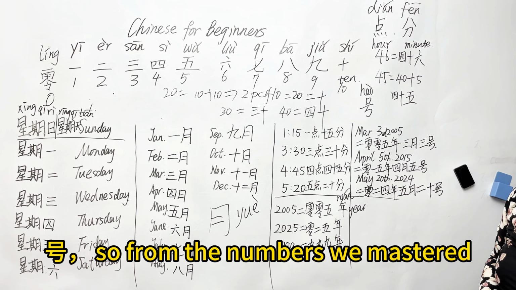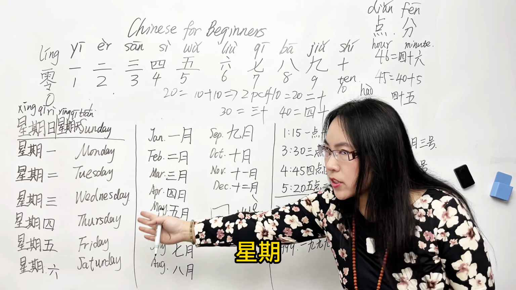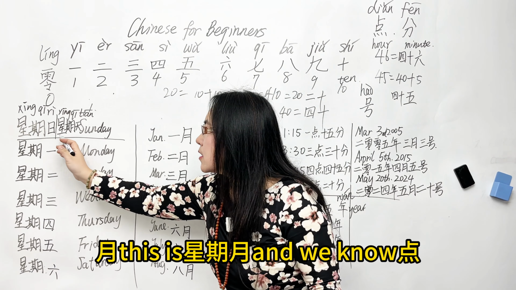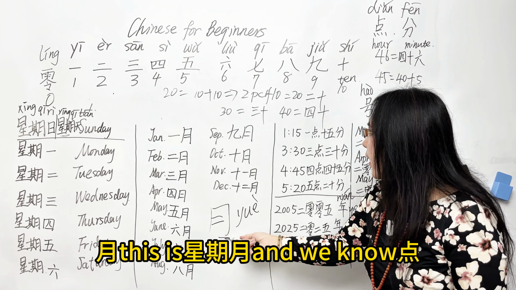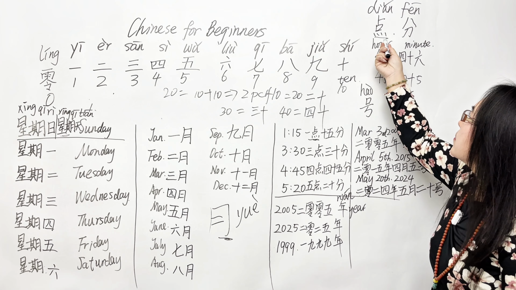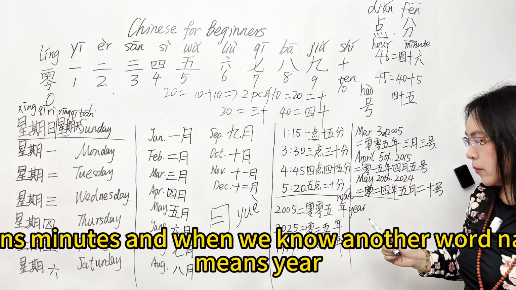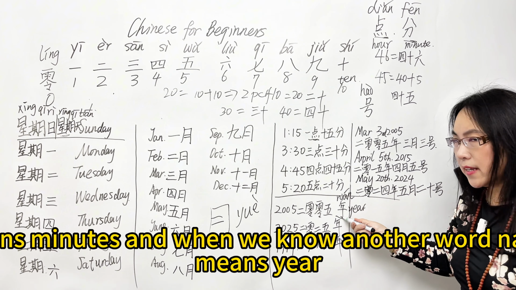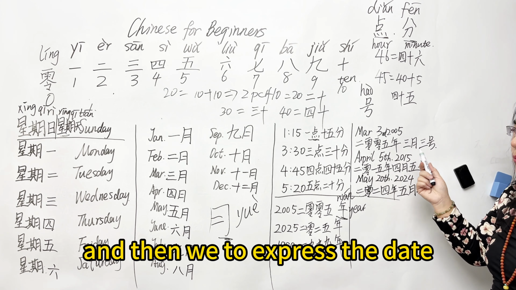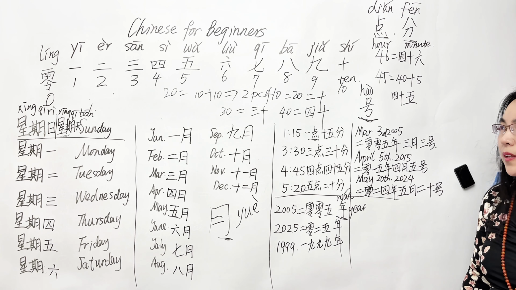So from the numbers we have mastered 星期 and 月. We know 点 and 分 mean hour and minute, and we know another word 年 means year, and to express the date we know 号.